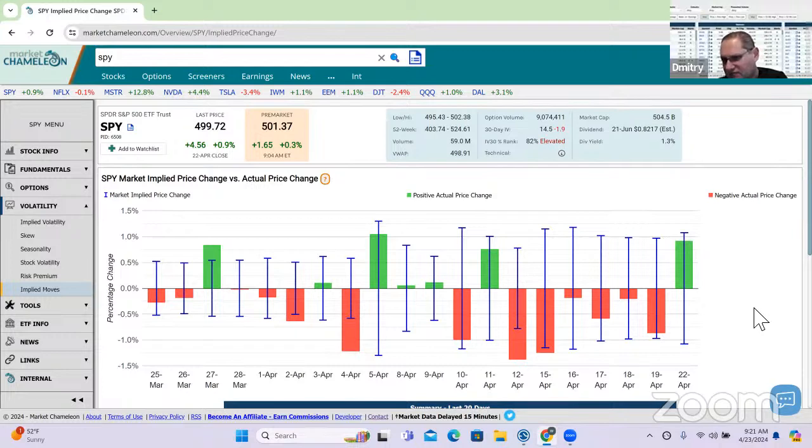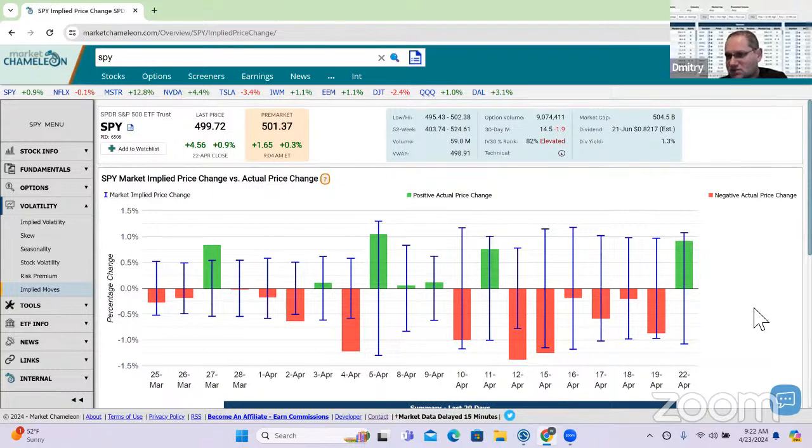We take the implied volatility of the nearest expiration. If there's a 1-day expiration, we look at the 1 day. If there's 2, 3, 4, 5, whatever it is, we look at the nearest expiration, and we look at the implied volatility at the money, and based on that implied volatility, we calculate the implied daily move, the implied 1-day move, up and down.